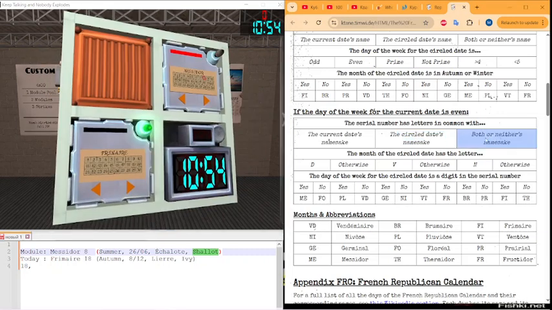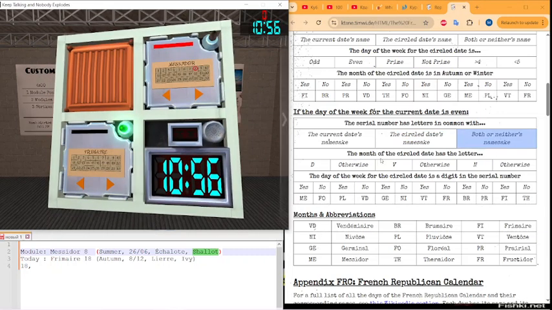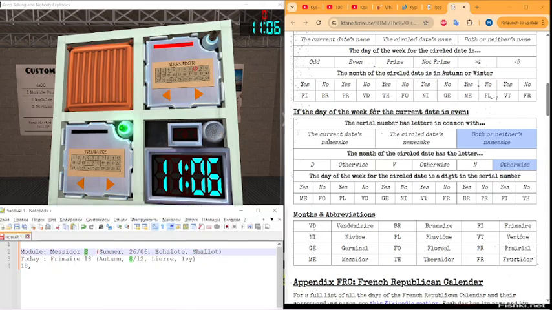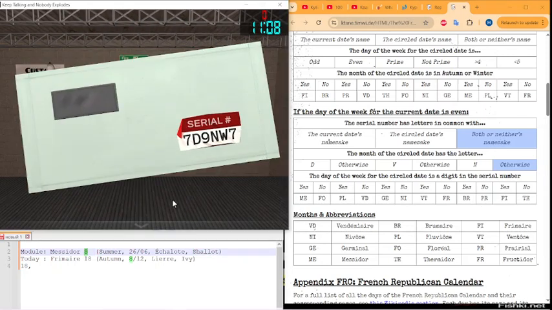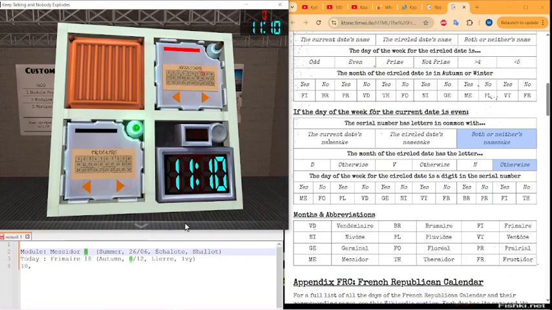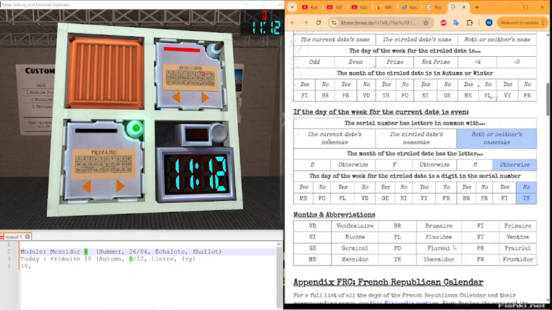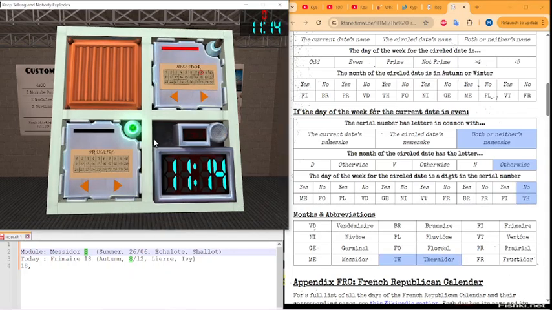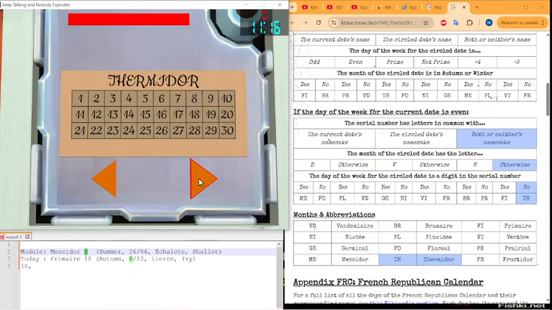No, so it's again this path. Month of the circled date has a letter N, so Messidor does not have an N. Day of the week for the circled date is a digit in the serial number. 8 is not in the serial. So we need month Thermidor, 18. Thermidor, 18.